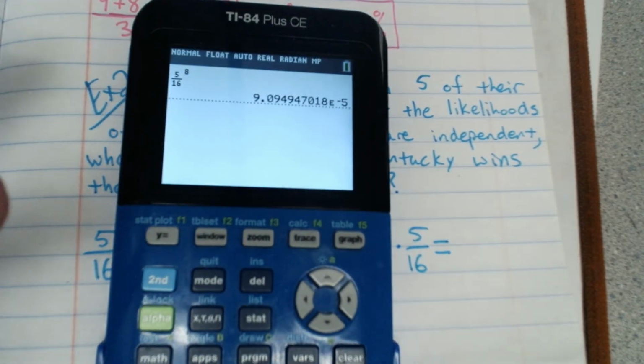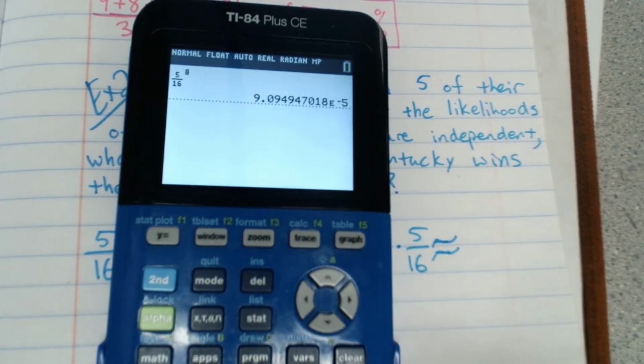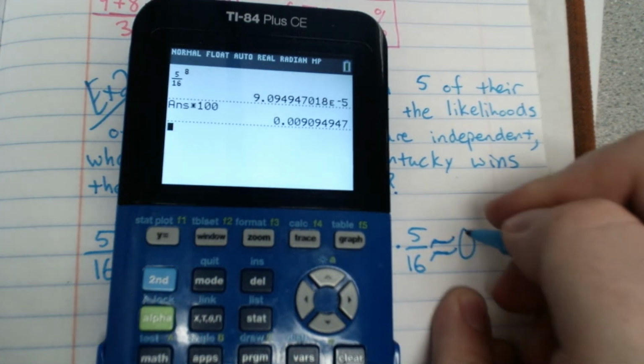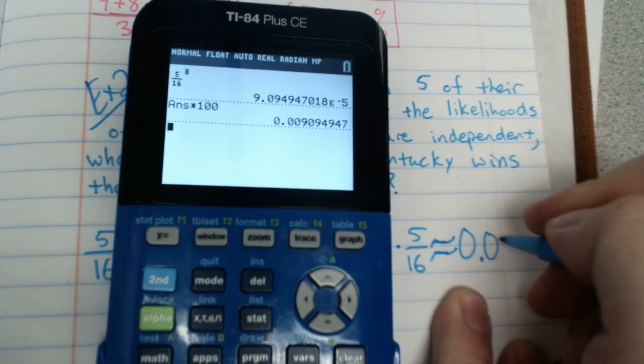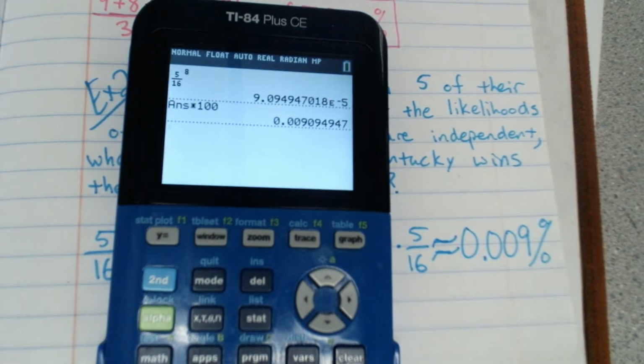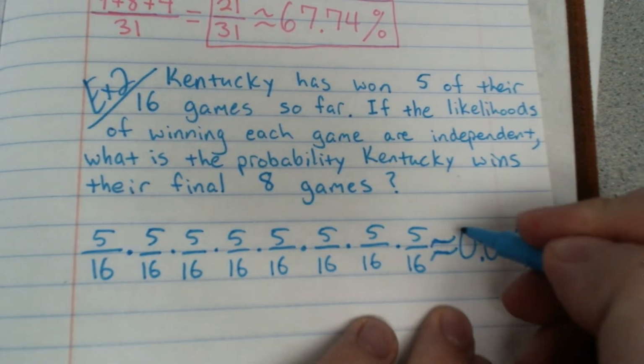So that is a decimal. We're going to change this to about equal to and multiply this by 100 and say that they have about a 0.0009% chance of winning their remaining 8 games. Sad times for them. In other years, that might be possible.